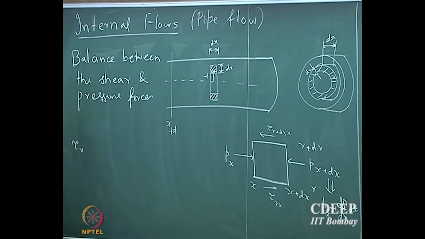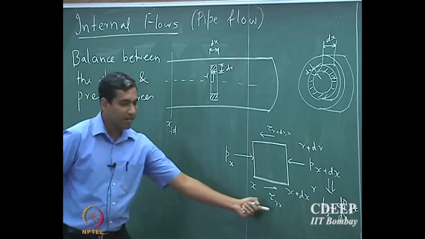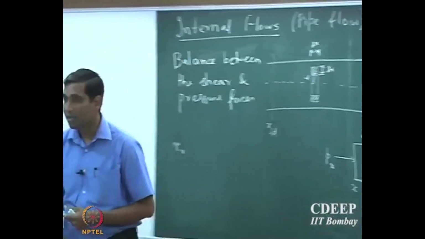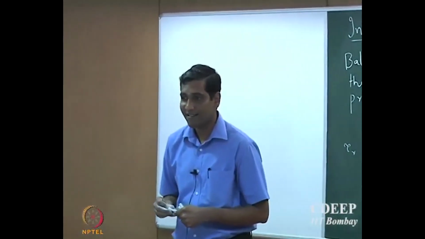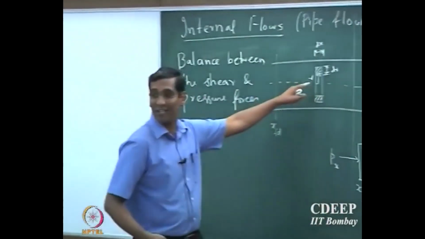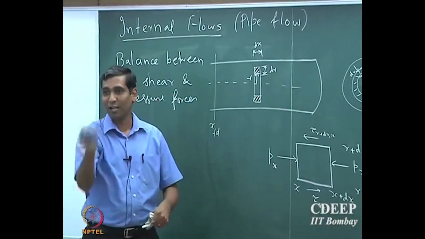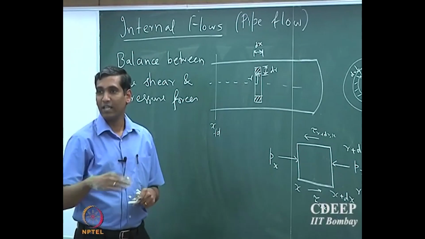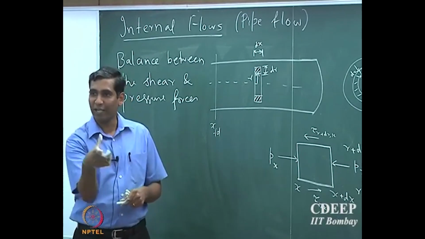Tau r is acting on what area? Be careful, it's an annulus. So it's a circular annulus, right. So the inside area is 2 pi r into dx.